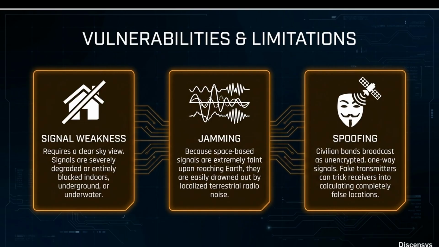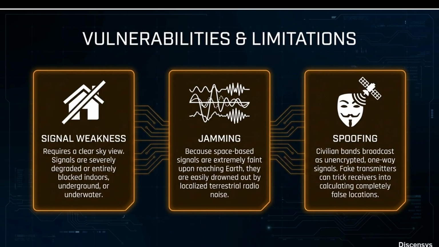Not only for GPS, for example dishes are also based on signals, right? Those dishes are affected by signal disruptions when we have rains or when it's very cloudy. Jamming: space signals are extremely faint upon reaching Earth.